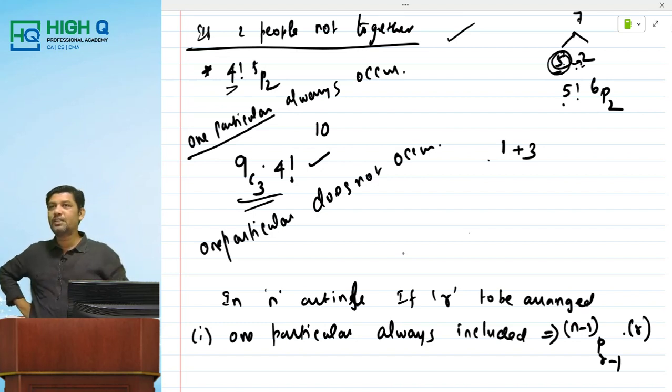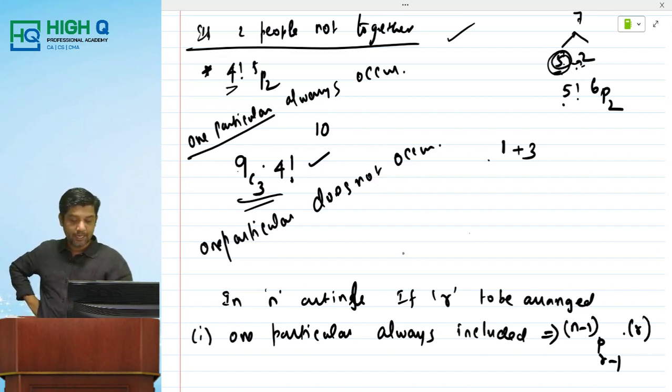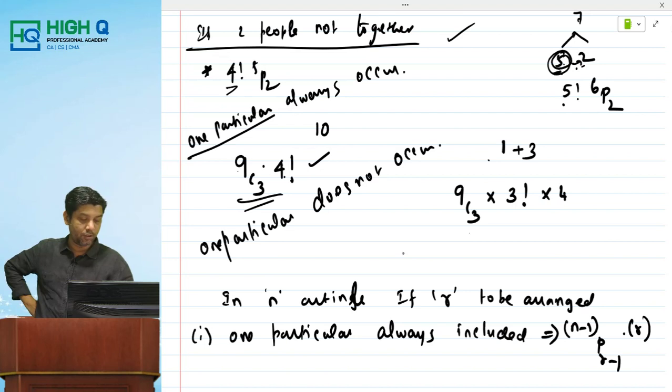Let me give the justification for this formula. 9C3 into 4 factorial, right? Can I write this 4 factorial as 3 factorial into 4? Both are one and the same, say yes or no, my dear? Now 9C3 into 3 factorial, what is it? 9P3 into 4.